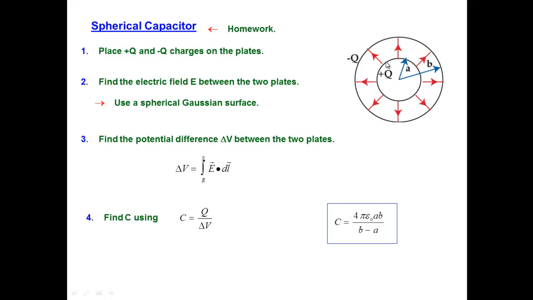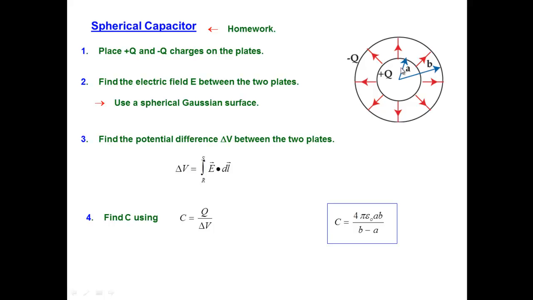The setup is this. You have two spherical shells, one of radius A, of course empty on the inside, another one of radius B. The region in between A and B is empty, and the region outside is empty. So the radii A and B should, we would expect, be in the final answer somehow, because the final answer only depends on the geometry.